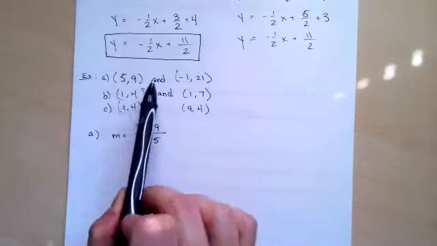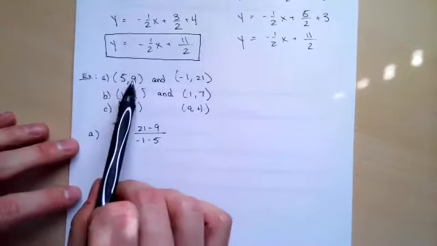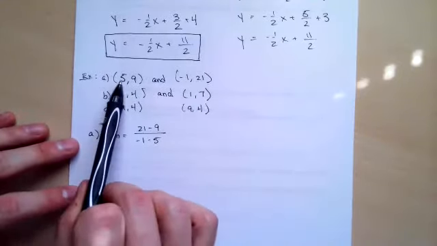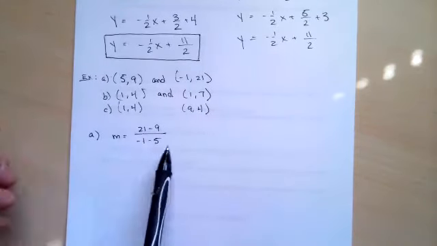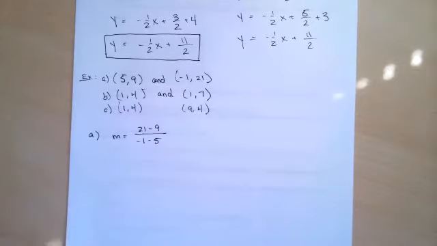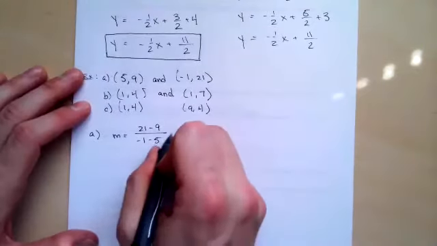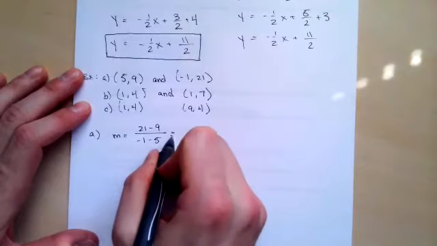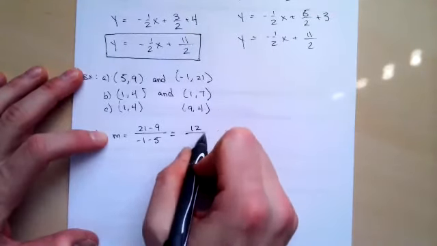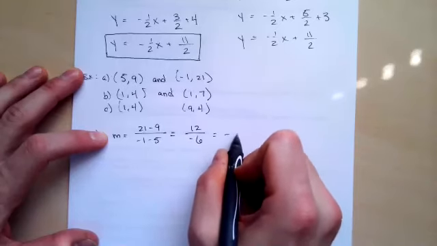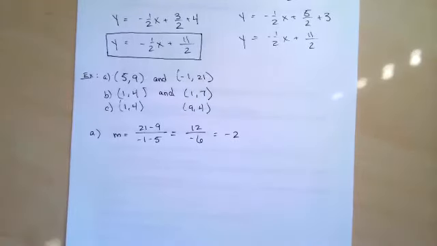You can flip them as long as you flip both. So I could do 9 minus 21, but then I have to do 5 minus -1 in the denominator. If you flip one of the orders but not the other, you'll end up getting a minus sign error. Not a big error, but it is a common error, so just watch out for it. We'll get 12 over -6. Excuse me. So -2 as our slope.